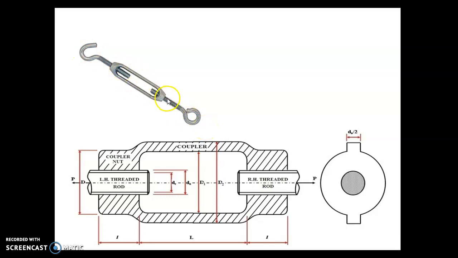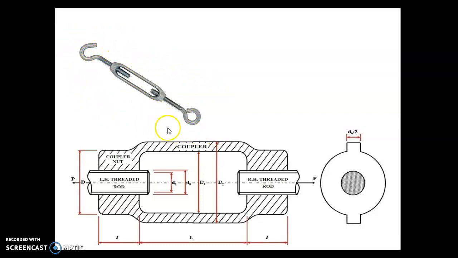And if this middle part, the coupler, is rotated in the opposite direction, then these two rods will get loosened. So this device is used basically to tighten the two rods, to induce tightness in two rods and connect them. This device is known as a turnbuckle.